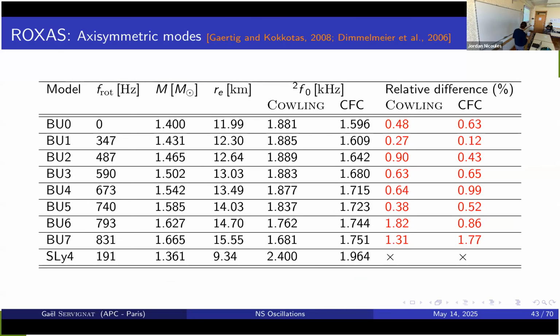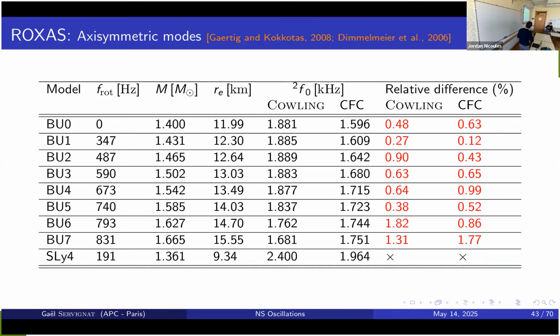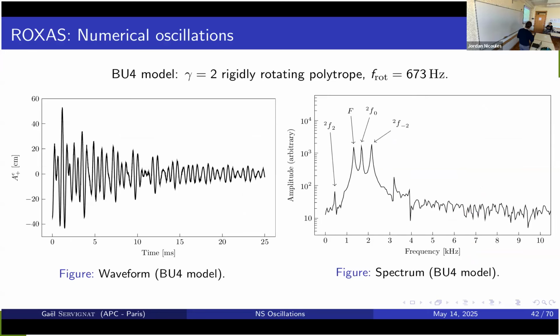Once again, a bunch of tables which tells you that this works fine. There are a bunch of models that are highly rotating where you don't really extract the frequency, but this is because they are really low frequency. I could only go to 25 milliseconds, which is not enough to extract some of the lowest frequencies.